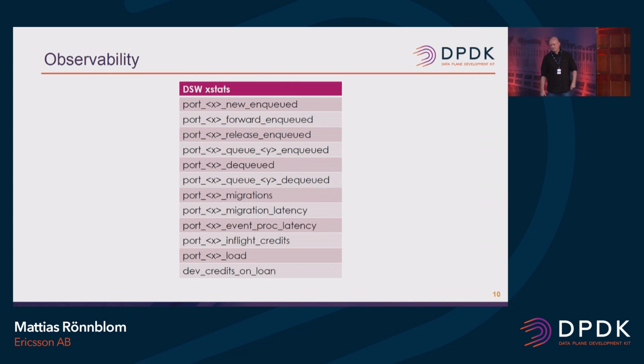But the scheduler gives you, from my experience, a pretty good estimate of to what extent that lcore is busy. This assumes there's one event port per lcore, which is often, but not always, the case.